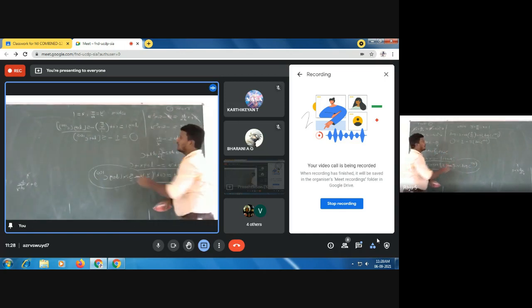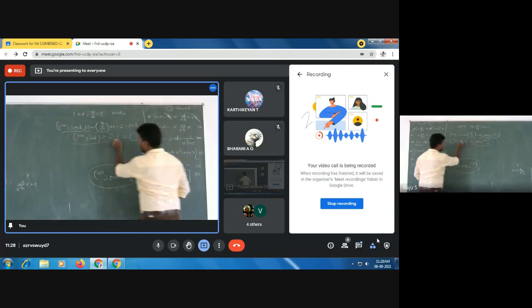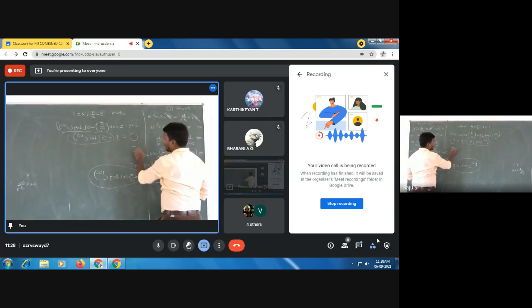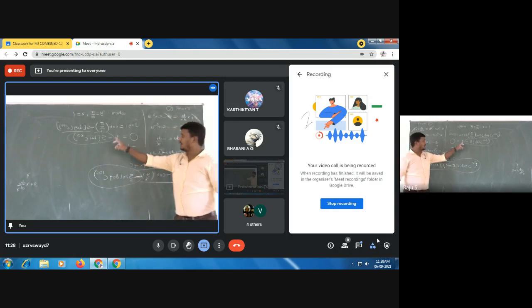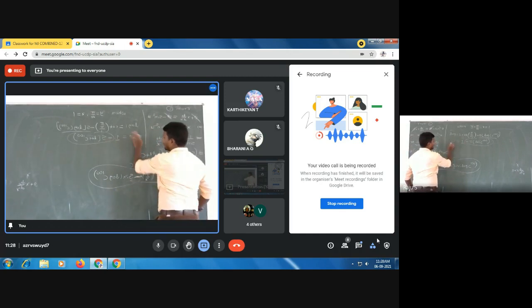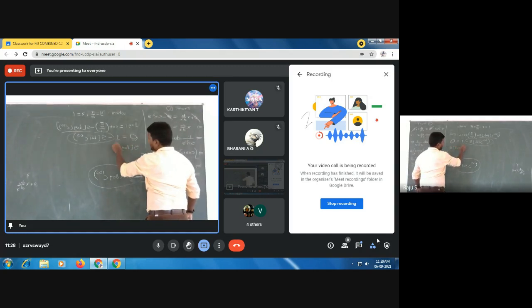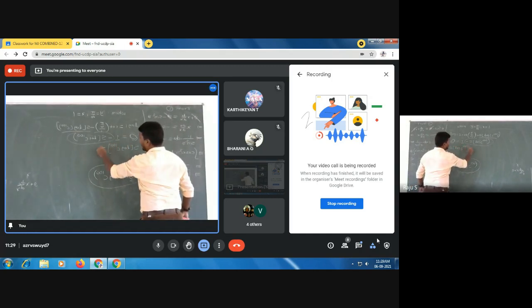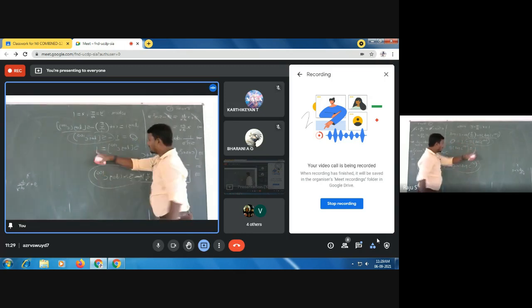Take 1 to the left side, minus 1. No, I want to take it as it is. You may take this value to the left side. So sine of log of c power 100 is equal to 1. This one you can substitute here.